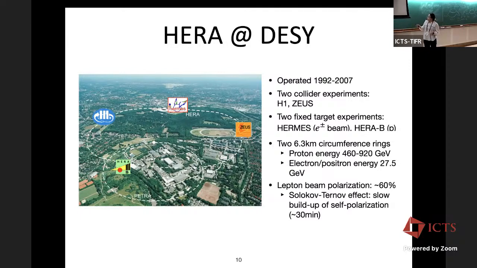So over time, the electron beam starts building up polarization only in the vertical direction. So you are getting the polarization for free, but only in one direction. Okay? They had polarization up to 60%, which is not bad.